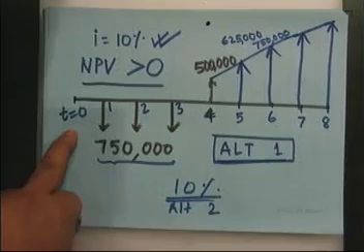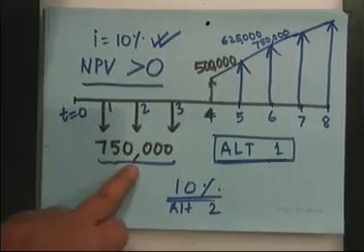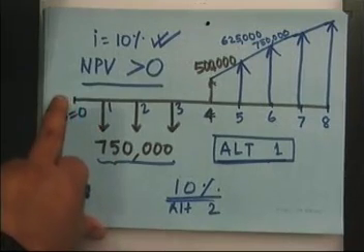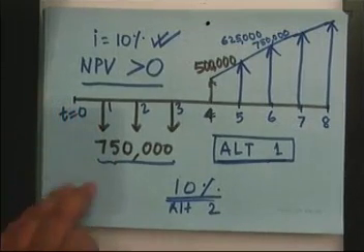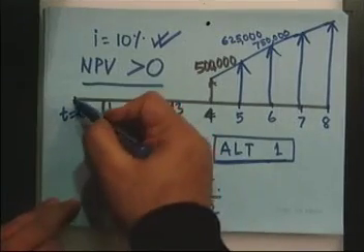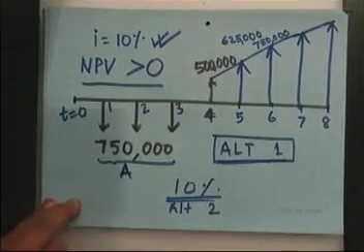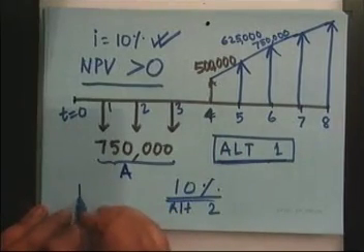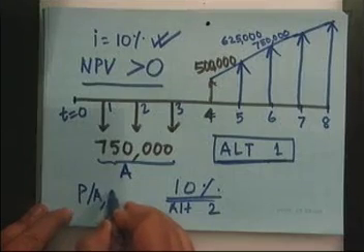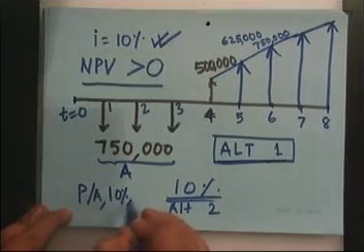Using what formula? Using the uniform series present worth factor. Why this? Because I am given A, I am interested in finding P. So, I will use P given A for a period 3 and for an interest rate 10%.